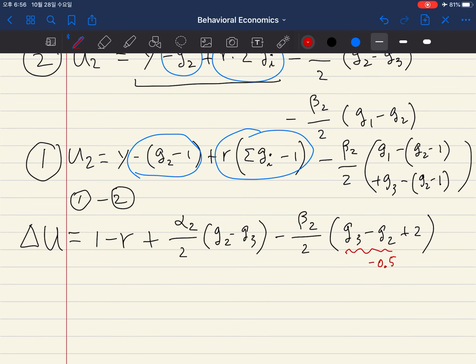Therefore, we know that this parenthesis term, this red part, is a positive number, but it is less than 2. Therefore, if you divide by number 2, we know that this is going to be a positive number, but less than 1.